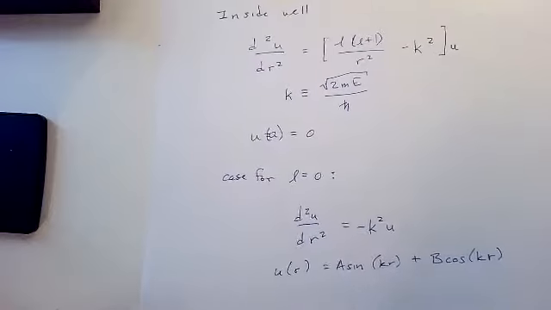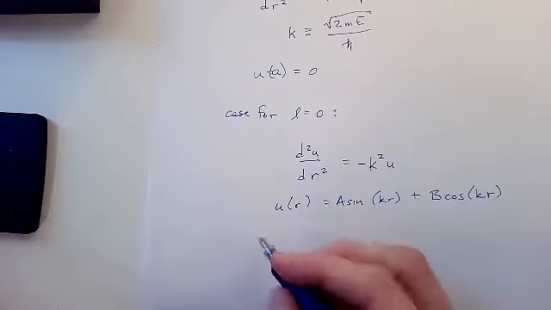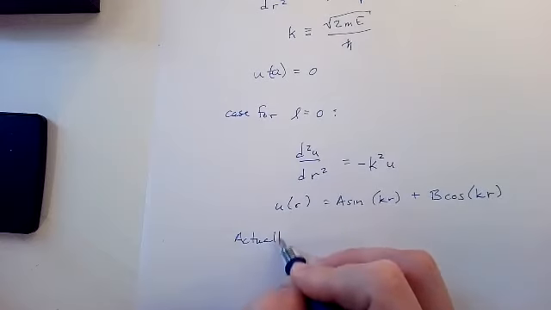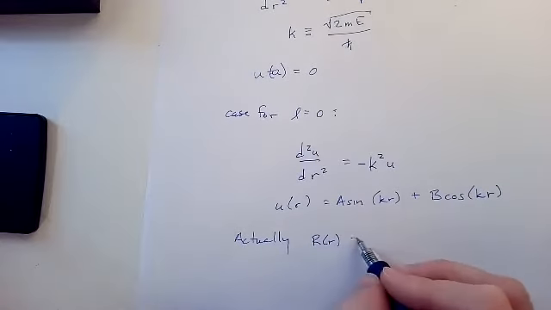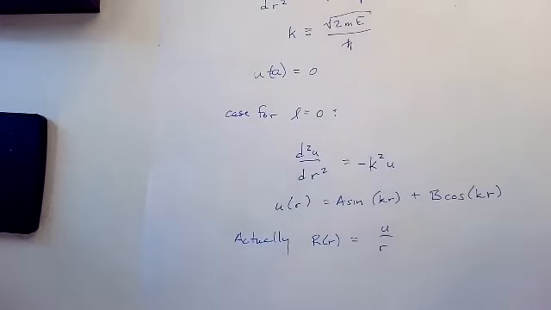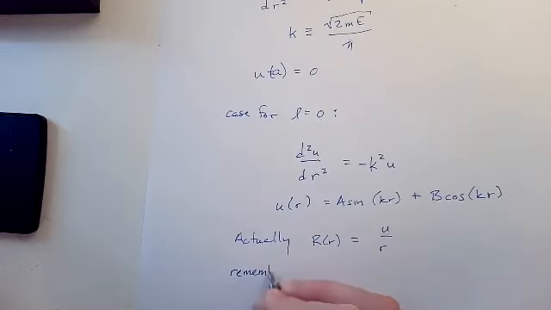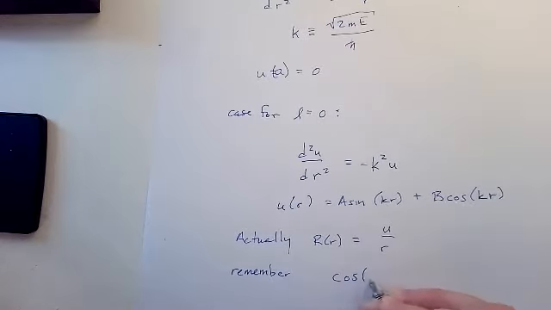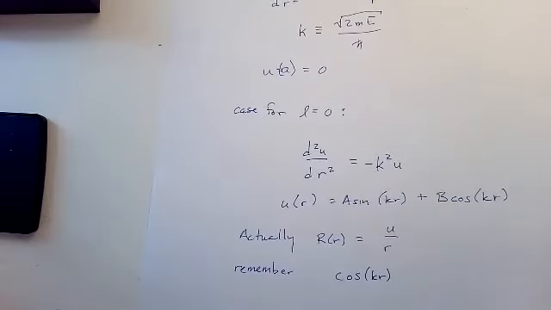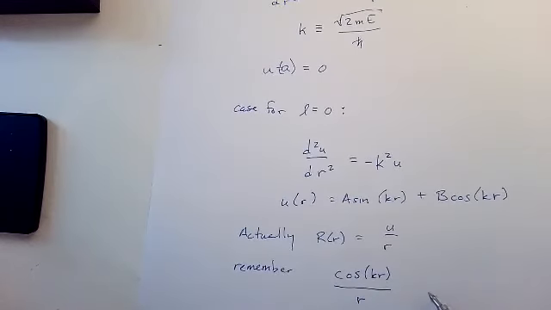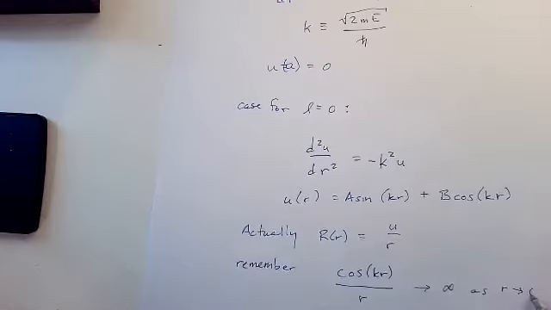So if we remember that the actual radial function that we wanted to start out with is this function of r, this u of r divided by our variable r. And we remember that our cosine of kr function divided by r is going to head towards infinity as r heads towards 0.